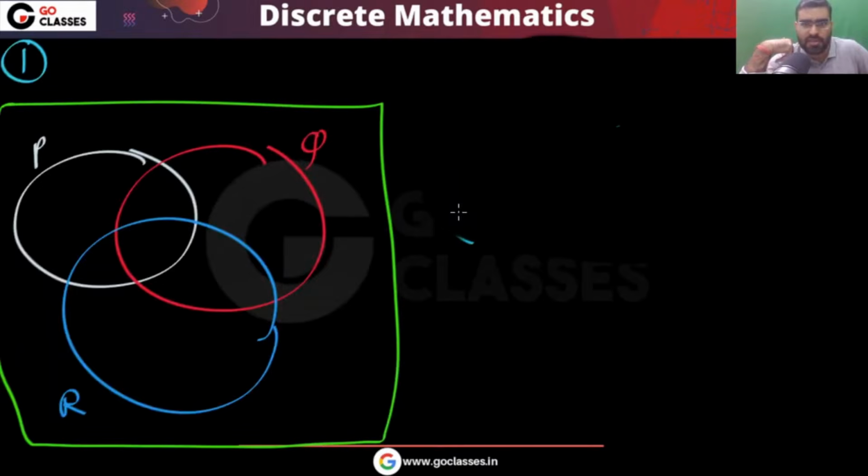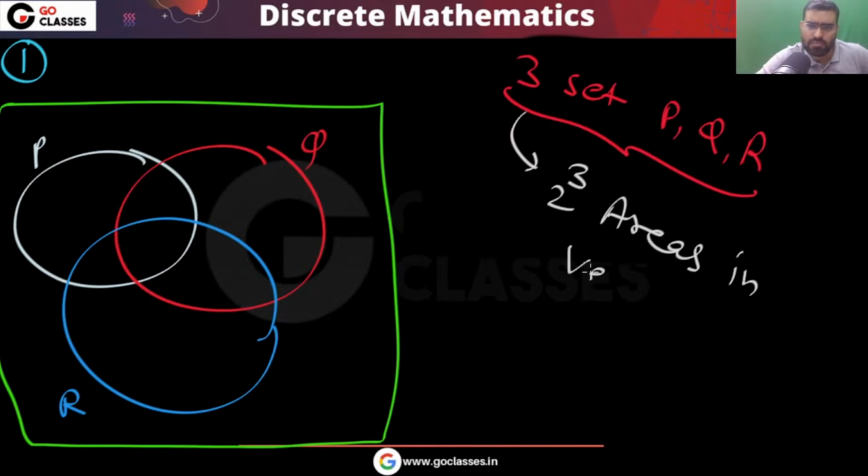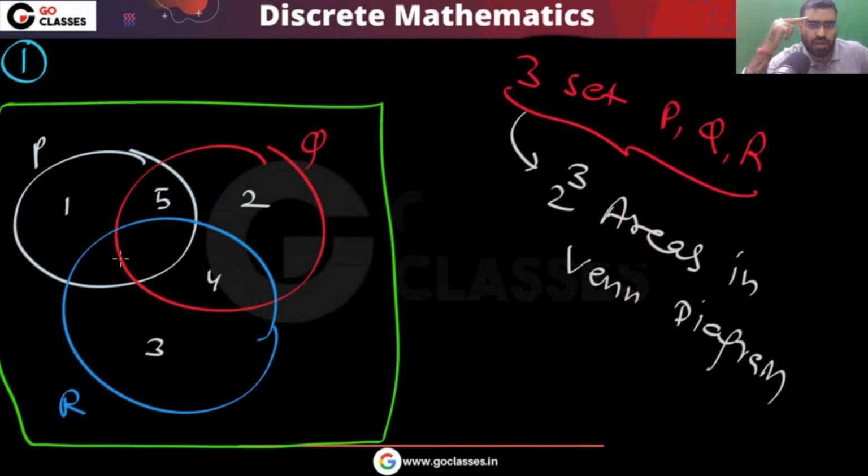When you have 3 sets P, Q, R in this Venn diagram, there are a total of 2 power 3, that means 8 areas, right? This is your area number 1, this is area number 2, area number 3, then area number 4, 5, 6, 7, and this is area number 8.